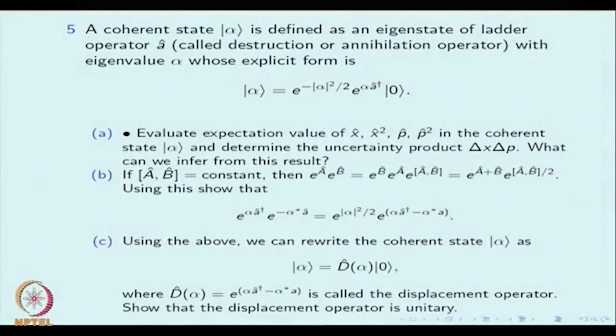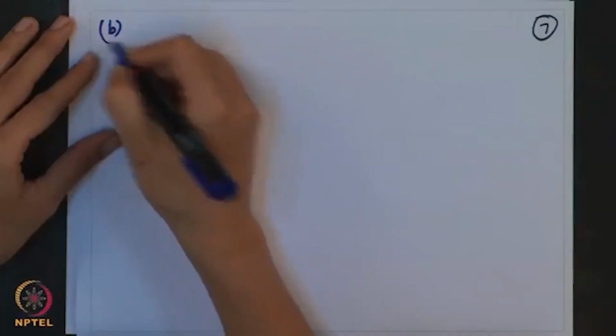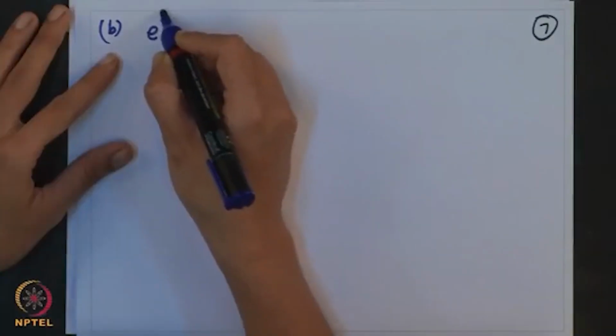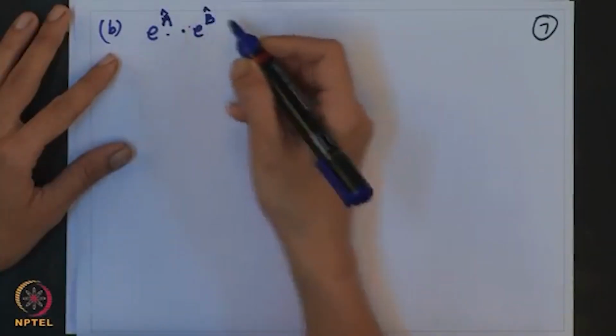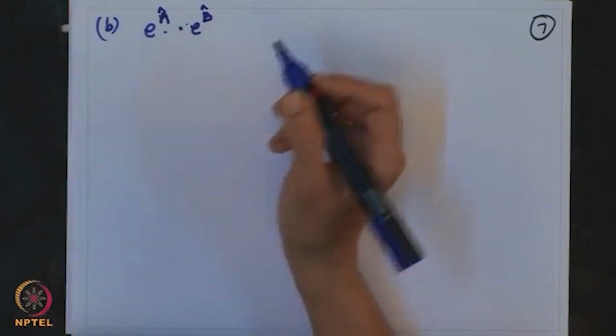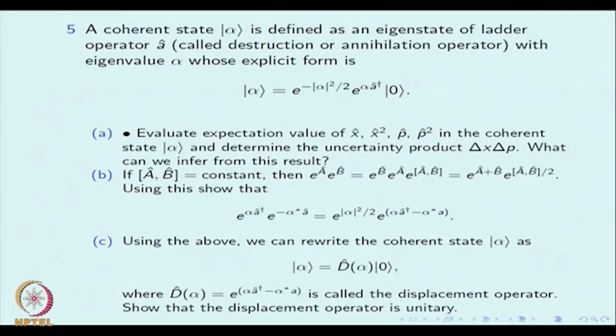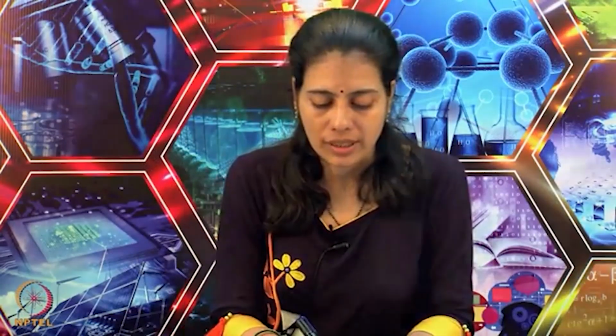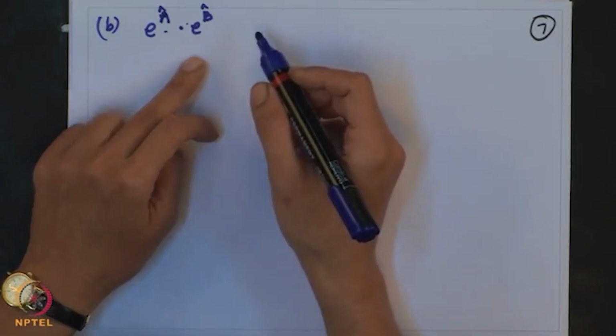The second part, or the B part, you are asked to calculate the exponential e raised to A. If the commutator of A and B is equal to a constant, then you have to show that e raised to alpha A dagger e raised to minus alpha star A has some relation like e raised to alpha square by 2 e raised to alpha A dagger minus alpha star A. So, we have this relation and we are going to use the Baker-Hausdorff formula.